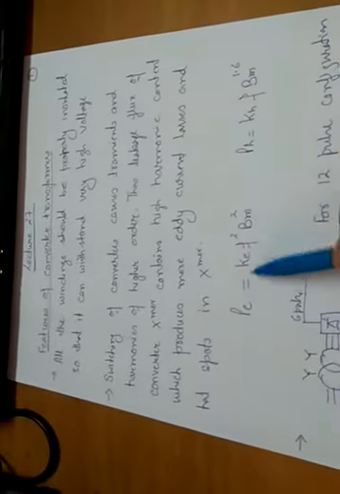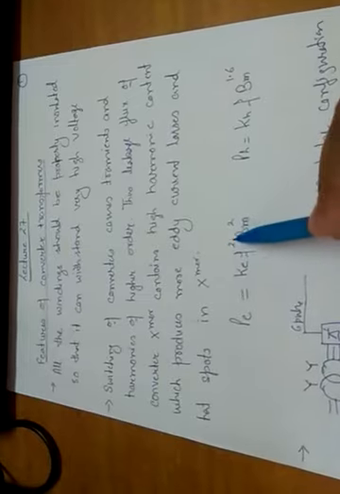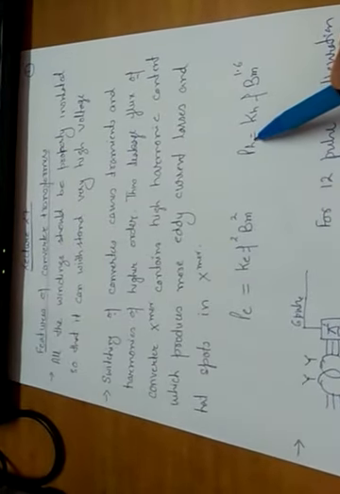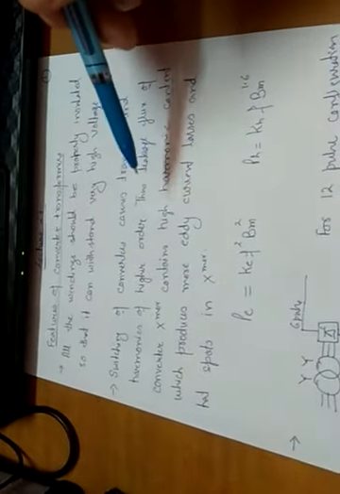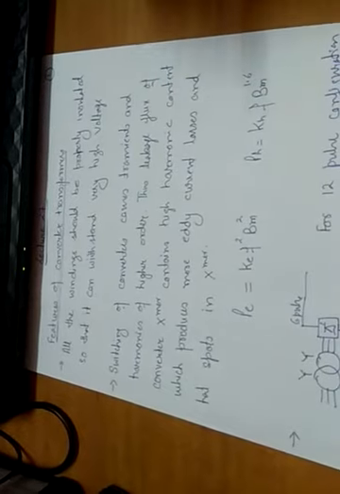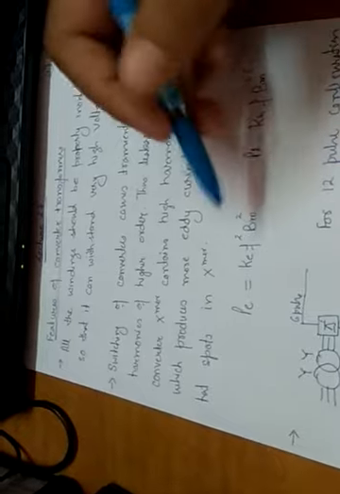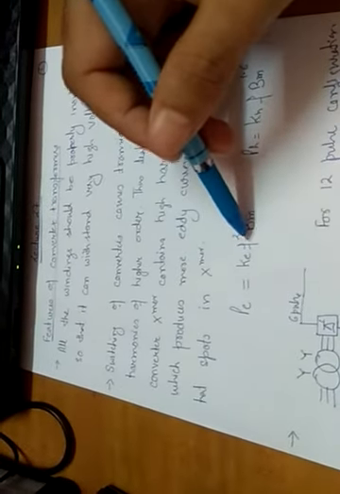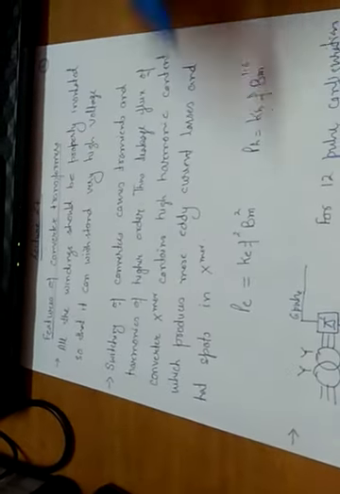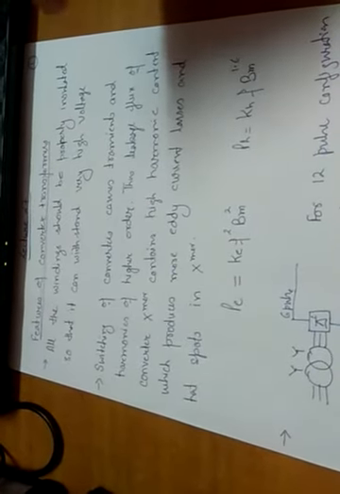Eddy current losses are directly proportional to frequency squared, and hysteresis losses are proportional to frequency. This matters if the flux is rich in harmonic components, meaning apart from the fundamental frequency it contains multiples of the fundamental. So it increases the eddy current losses, which will give rise to hot spots in the transformer tank, and it may damage the transformer as well.